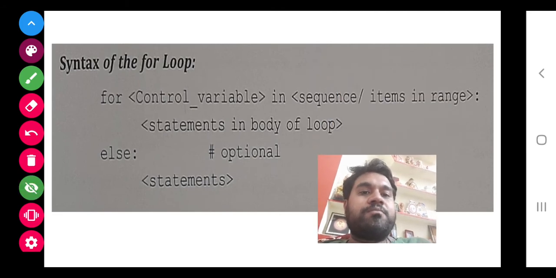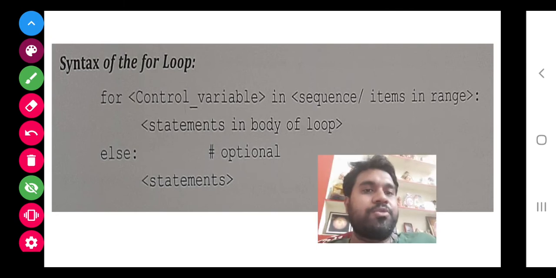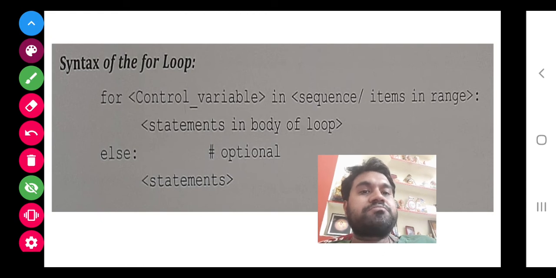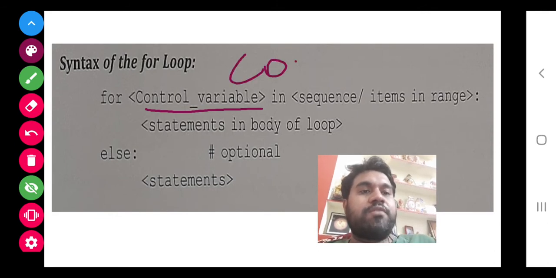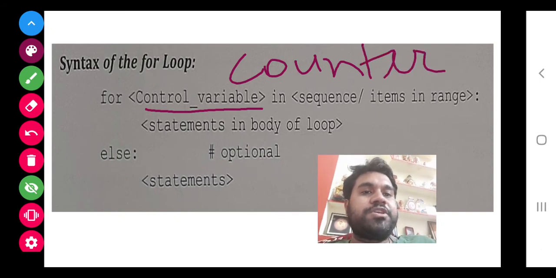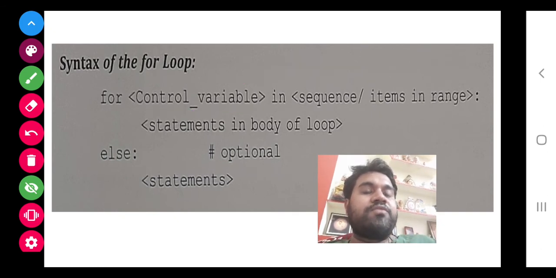First of all, what we need is the syntax. This is very important in computers, that you should know the way of writing, that is the syntax. First is the control variable. We call it a counter variable also, whose value keeps on changing. Here they have used the word control variable, which controls the whole loop.